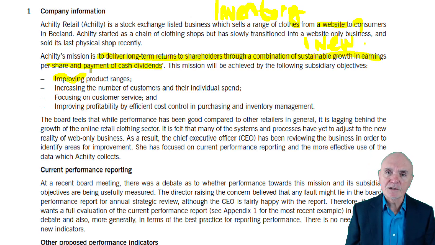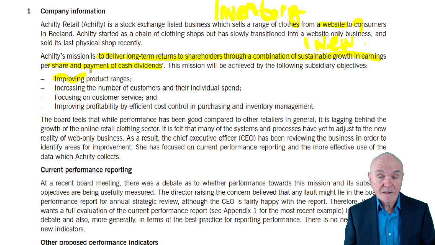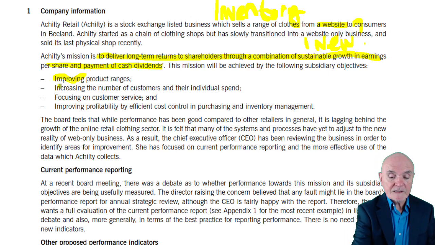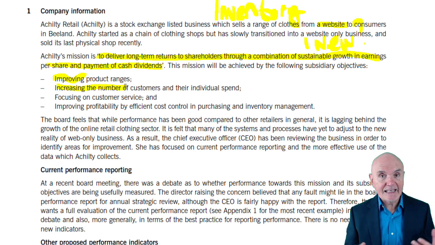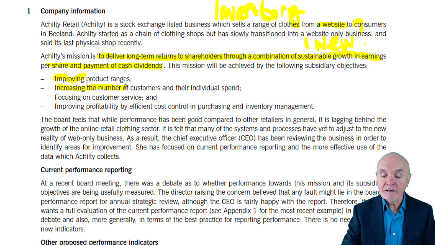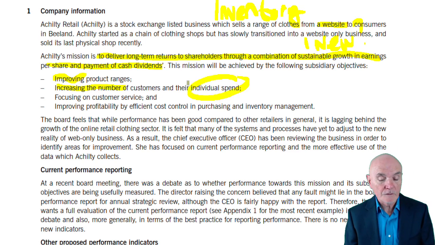A product range or an item in the product range is only worthwhile if it actually makes decent sales and decent profits. We need to contrast that maybe with increasing the number of customers. But it's not just any old customer who spends $5 and then is never seen again. We want to increase their individual spend, and that's important to focus on.